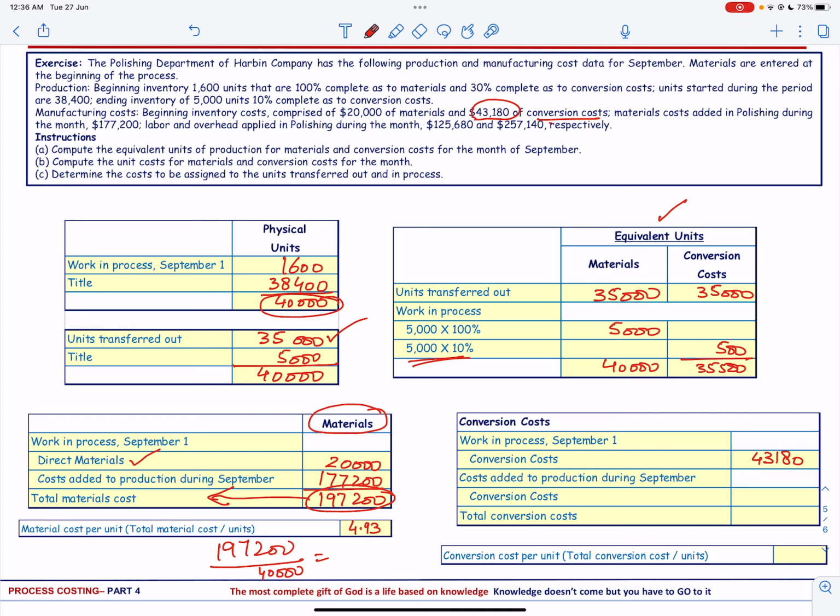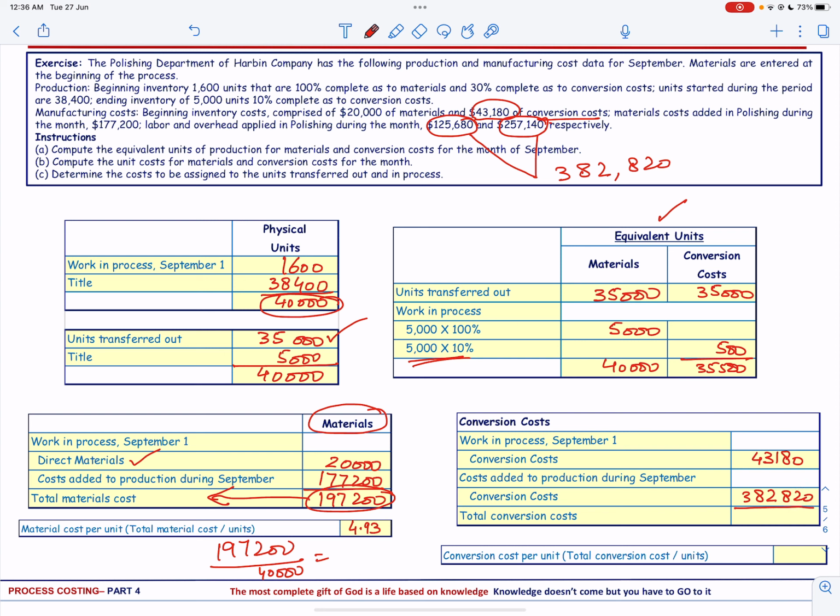To this we are going to add the cost to production during the month of September, and once again the conversion cost is 125,680 plus 25,140, and if we add up the two, this will be equal to 382,820.